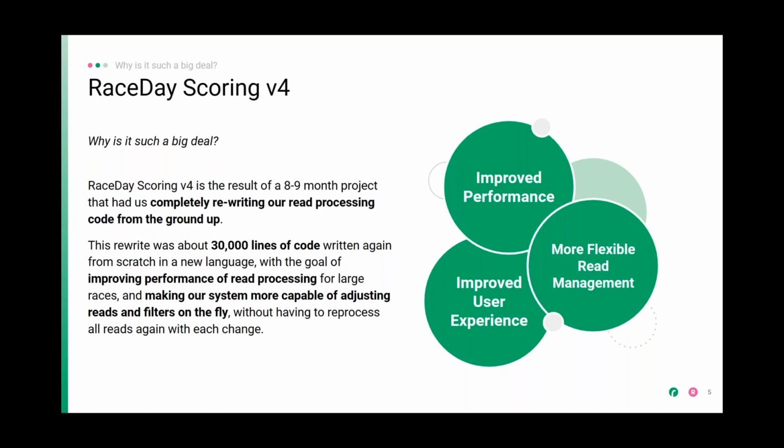And basically what that did was it was a test platform for a whole new processing system of reads. And our intention was, let's see if we can make it work pretty well with just the announcer window. And if that ends up working pretty well, we can go ahead and move it over and replace everything in RaceDay Scoring. So basically, we rewrote how we process reads in a whole new code base.